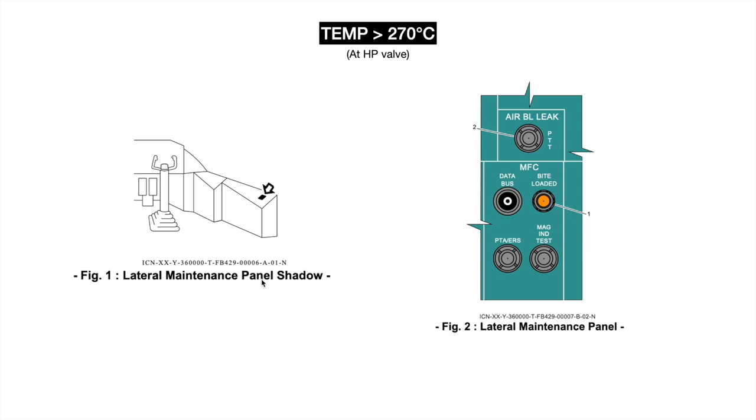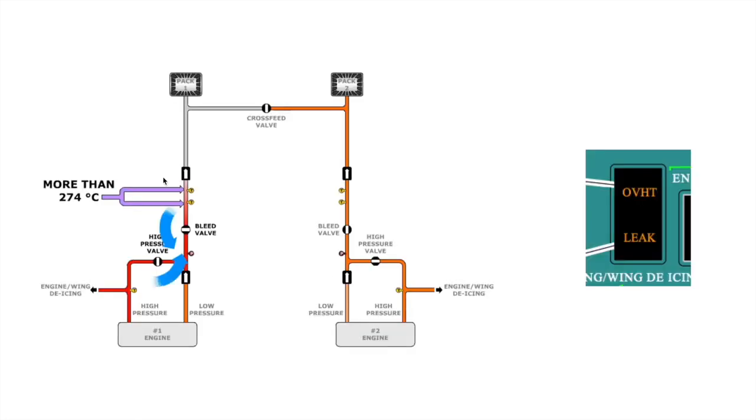The MFC bite loaded indicator on the maintenance panel comes up amber in case the sensor detects a temperature above 270 degrees Celsius. If the temperature downstream of the bleed air shutoff valve is more than 274 degrees Celsius, the bleed valve will automatically shut and the high pressure valve will also close if it was open. The overheat light comes up on the overhead panel.